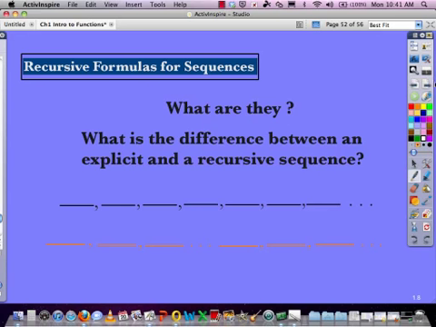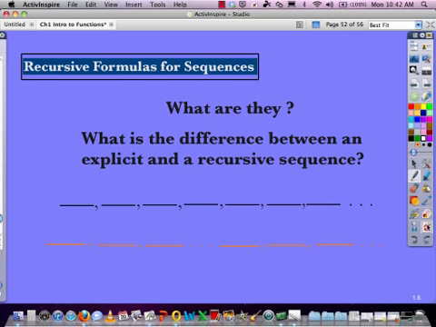Now, explicit, you have learned the shortcut of it is you should be able to go directly to what you need. Whereas recursive, it's right in the word, it's a recurring process. You can say a recurring sequence. It doesn't mean that you have repetition going on in the problems. For example, if I started 1, 3, 3 for a sequence, that doesn't necessarily mean recursive.